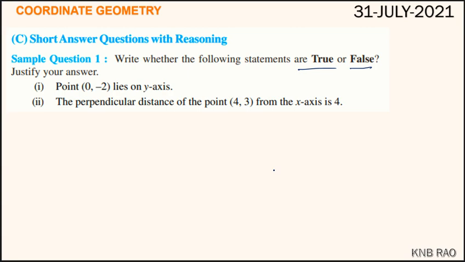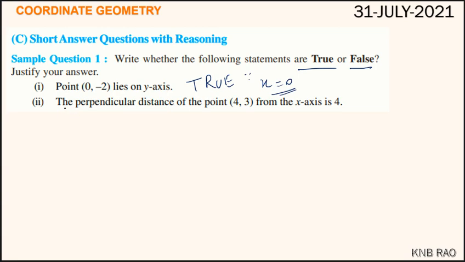Okay. In this sample question of true or false type, point (0, -2) lies on y-axis. Here abscissa is 0, definitely it is true, because when x equals 0, abscissa is 0, point lies on y-axis.